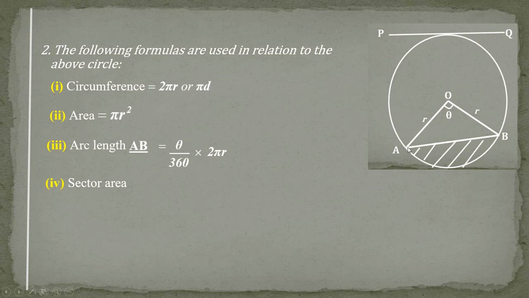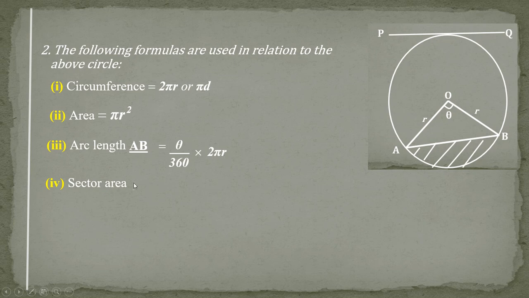We are referring to the length from this point along this up to this point B. Now this is our arc. You realize that the arc is part of the circumference, so this arc length from A up to B is given as theta, which is the angle at the center, divided by 360 times the circumference of the circle.